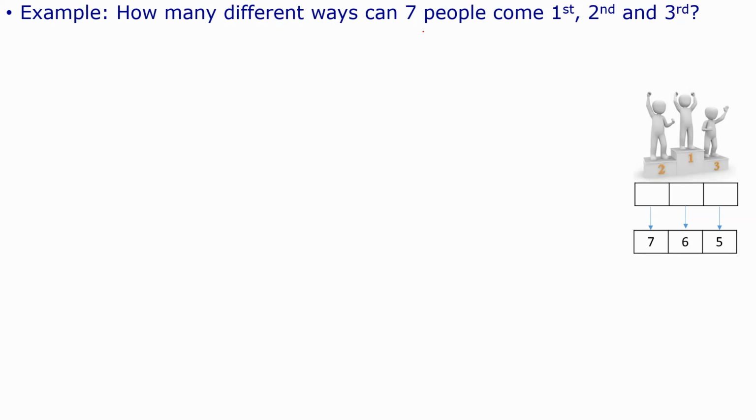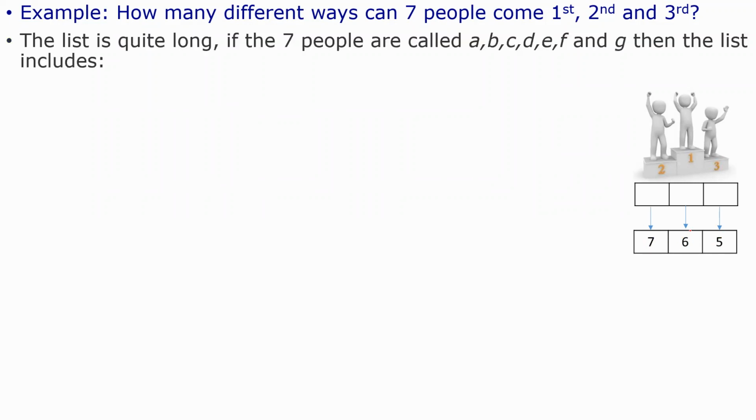You are 7 students going to enter a classroom. In how many ways can you enter the classroom? For the first student, how many ways do you have? 7. The second student is 6. The third student is 5. So we get 7 times 6 times 5.